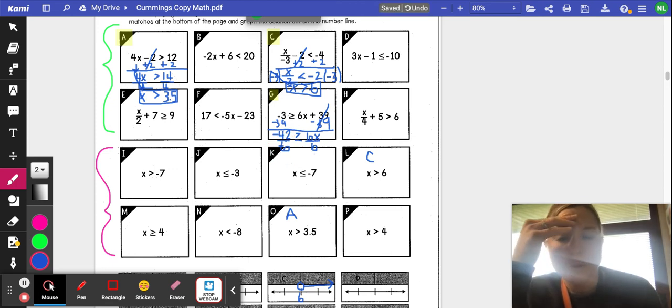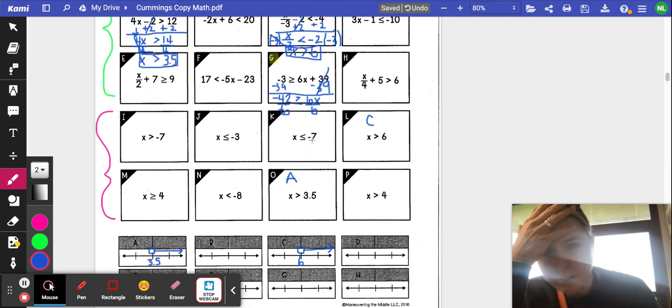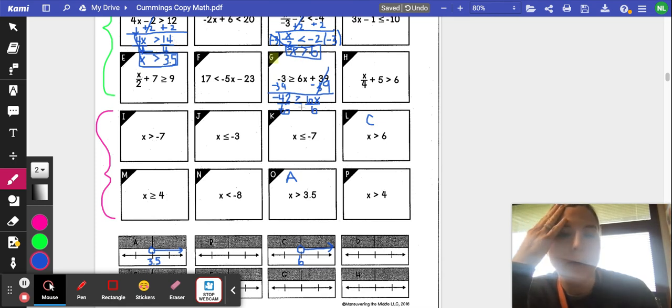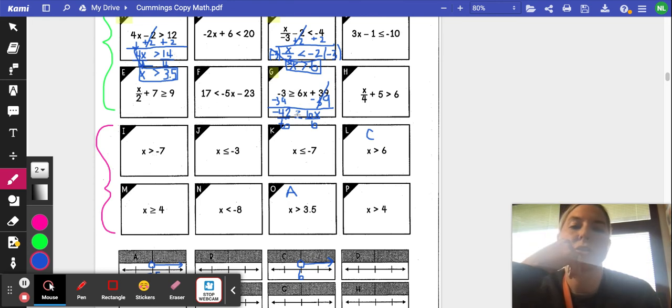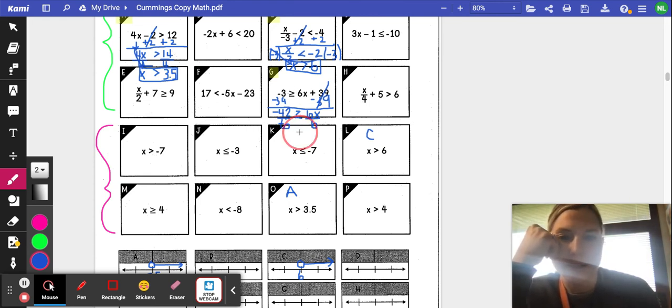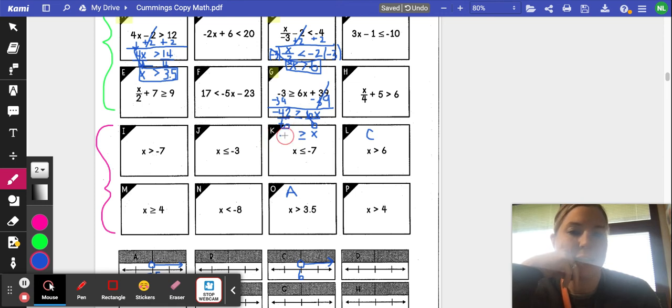Now, in this situation, I'm not dividing or multiplying by a negative number. I'm actually dividing by a positive number. So we're not going to switch the inequality sign around. So we're going to leave it like this. 6's cancel. I'll bring my x down. And then -42 divided by a positive 6 is a -7.